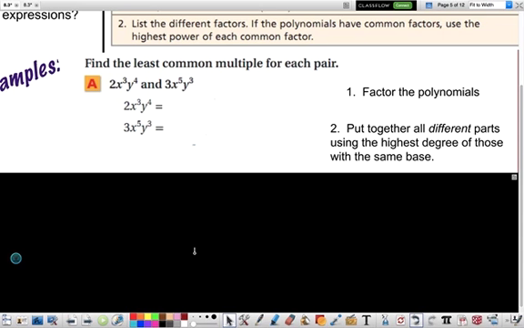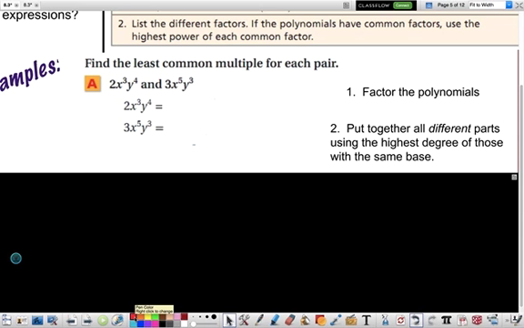Factor them. Put together all the different parts using the highest degree of those with the same base. Factor. Put together all the different parts. Choose the highest exponent for each. Let's say it one more time. Factor. Put together all the different parts, multiply them, that is, and choose the highest exponent for each.